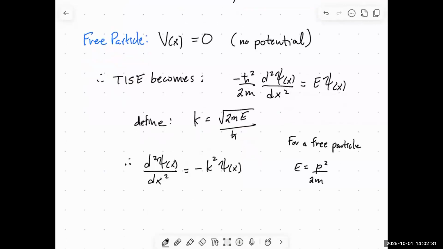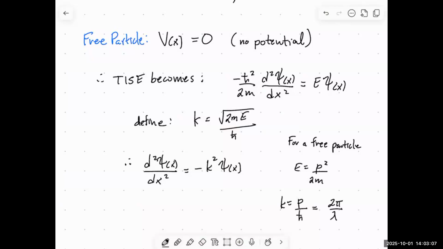And for a free particle with matter waves, you just think back to physics 200: k is p over h bar, and that is related by 2 pi over lambda, the wave number.